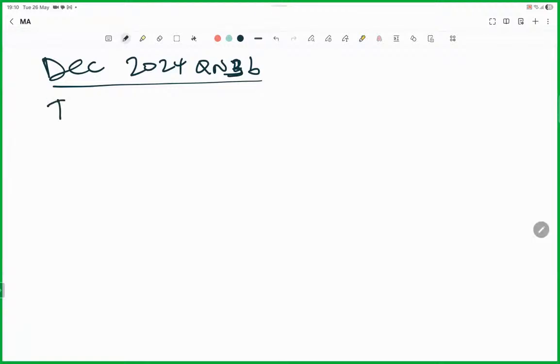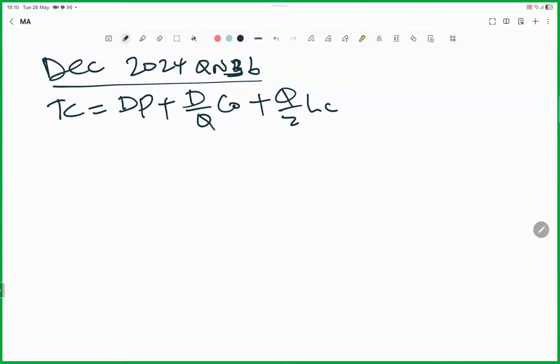So they have told us total cost equals DP plus D over Q times CO plus Q over 2 times what here, somebody? HC. So HC, I can see 3% plus 1.5% plus 1% plus 0.5%.